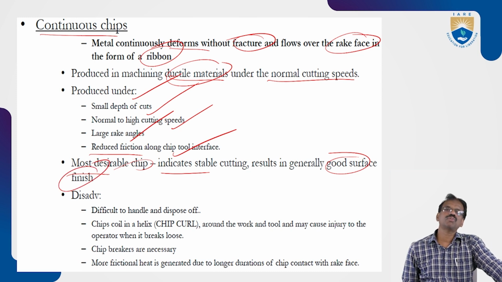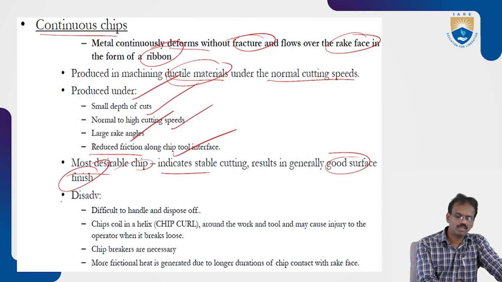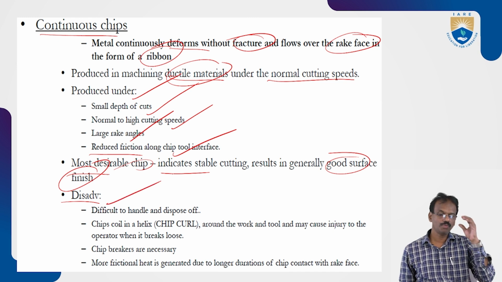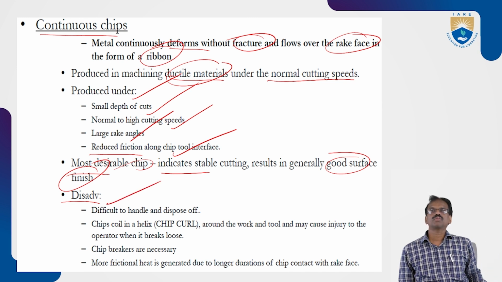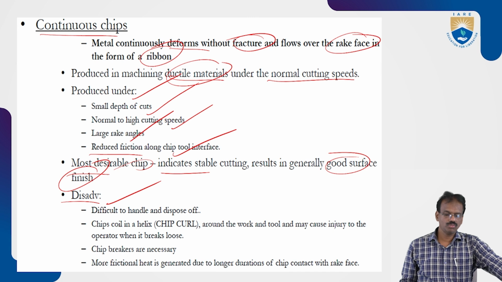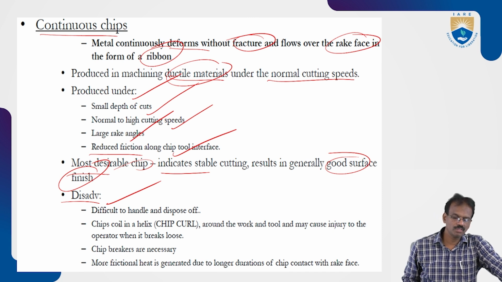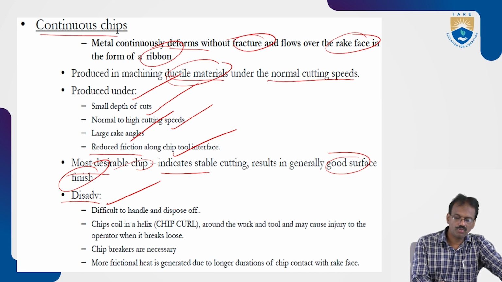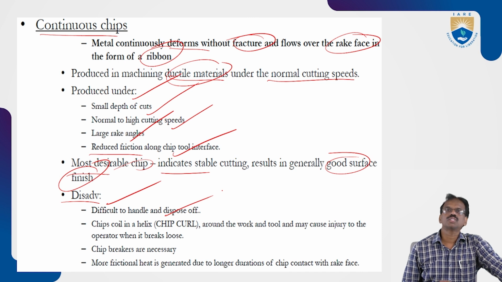So the main disadvantage of continuous chips. Continuous chip formation is a good process for getting good surface finishing, but the main disadvantage is that it is difficult to handle and dispose of.